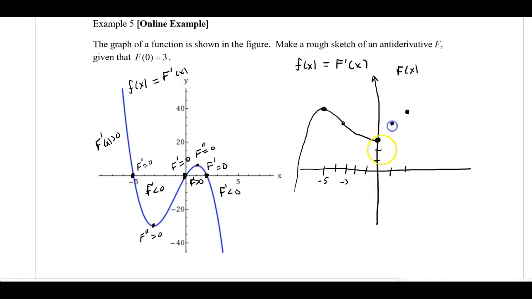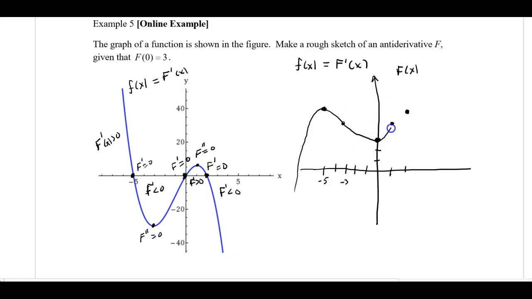Just before 1, capital F prime is increasing, so that means it would be concave up. As you see, it's still concave up here.